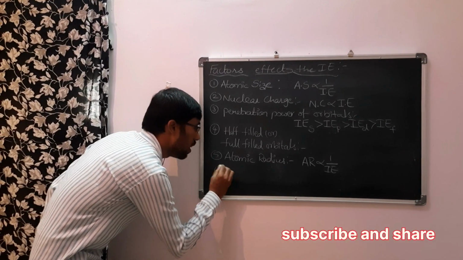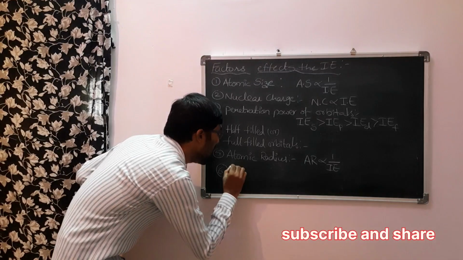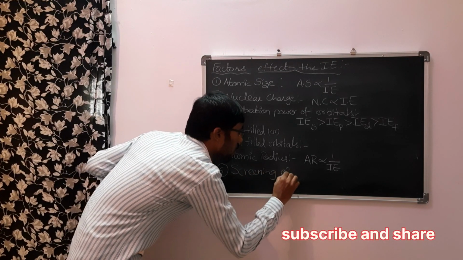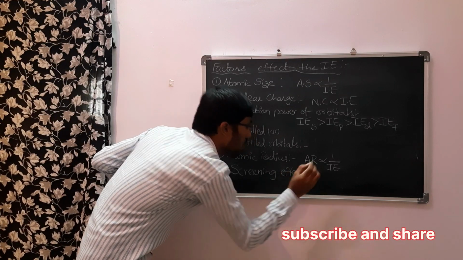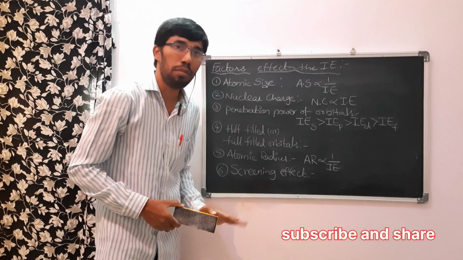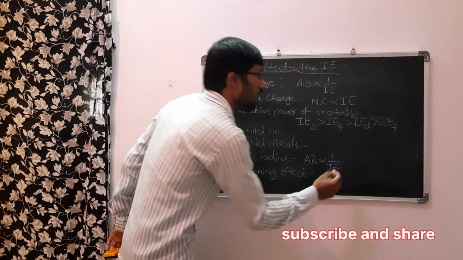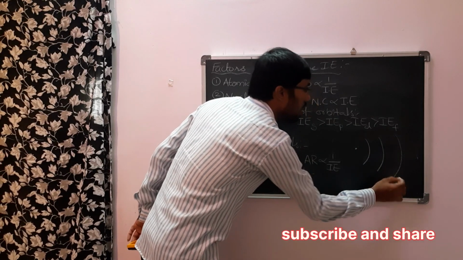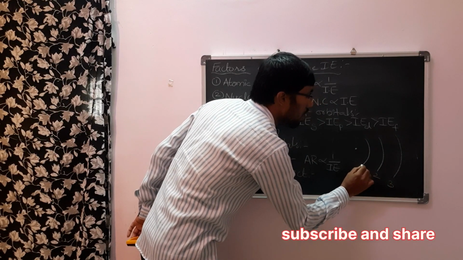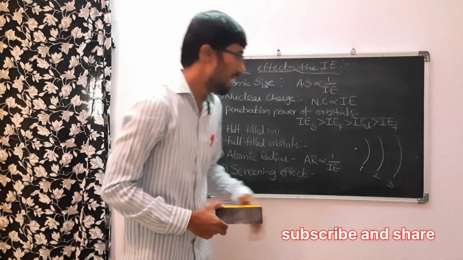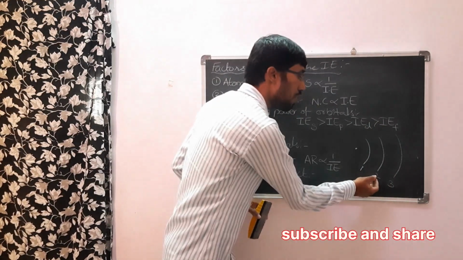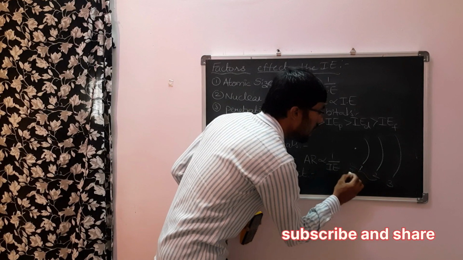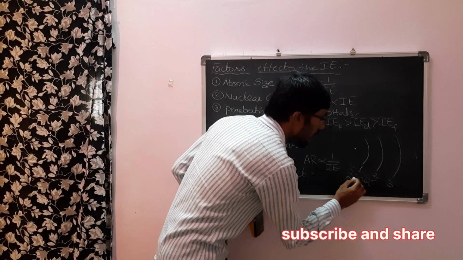Now the sixth one is the screening effect. Consider an atom with a nucleus where the third orbit is the valency orbit. The electrons present in the first and second orbits are known as inner orbit electrons.